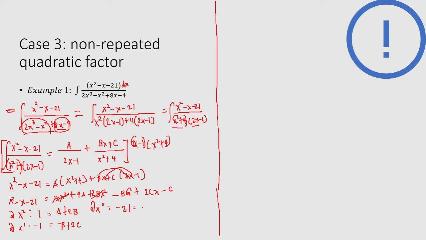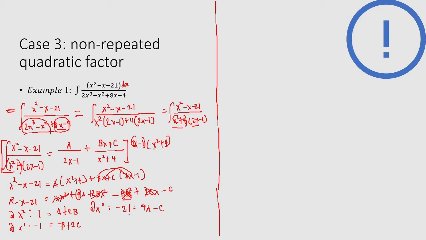And on the right side, you have the constants: 4A minus C. The other terms are already accounted for, so what remains is 4A minus C.